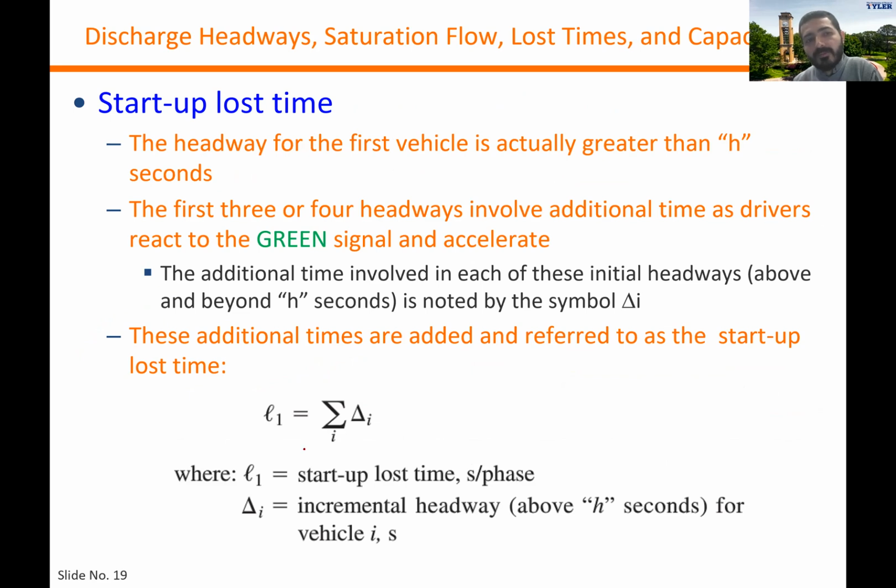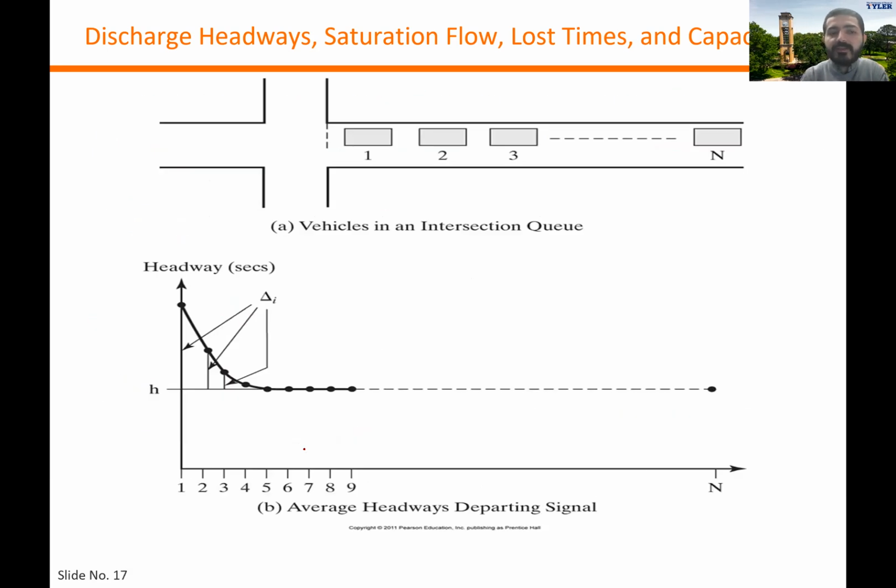There is startup lost time, for example L1, and this is basically the difference between the headway of the first vehicle and the second through the fourth vehicle. The very first vehicle, the way they respond to a green light, is going to take them a little bit longer to respond versus the second car versus the third car.